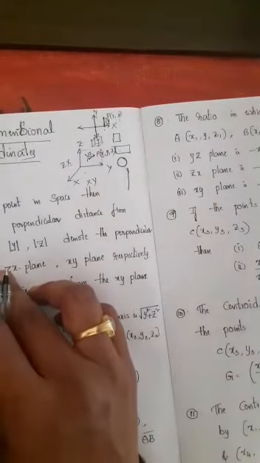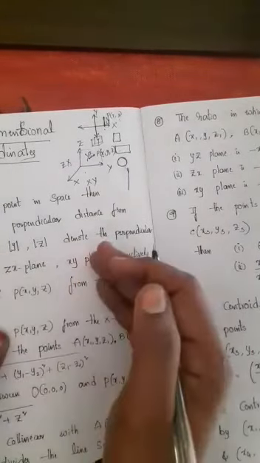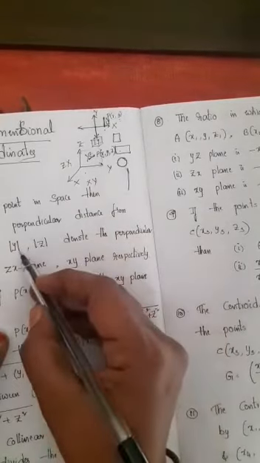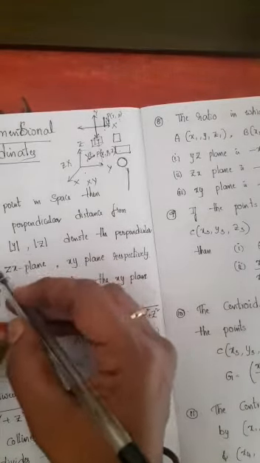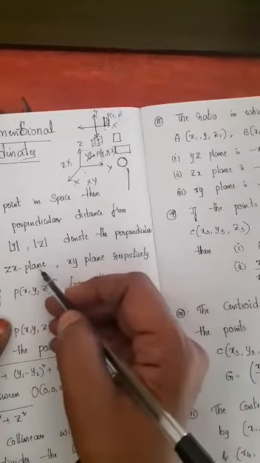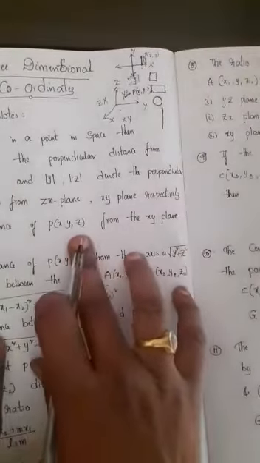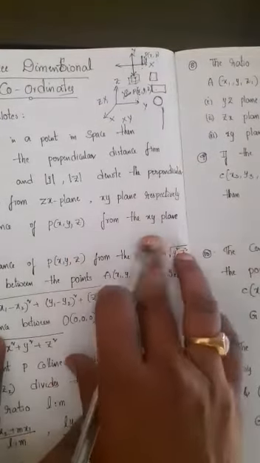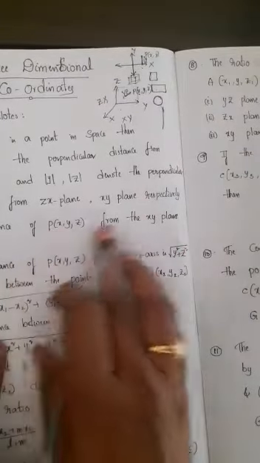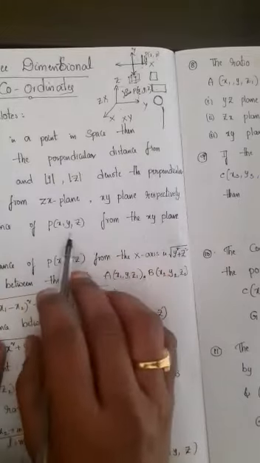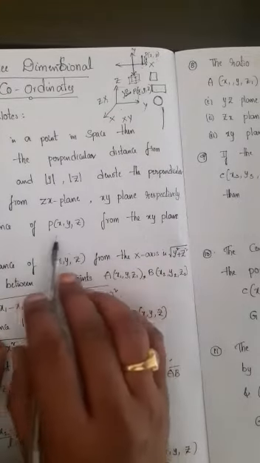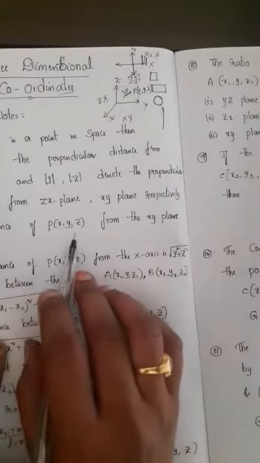Similarly, what are mod y and mod z? Y is the perpendicular distance from zx, z is the perpendicular distance from xy. The distance of P of x comma y comma z from the xy plane is mod z.